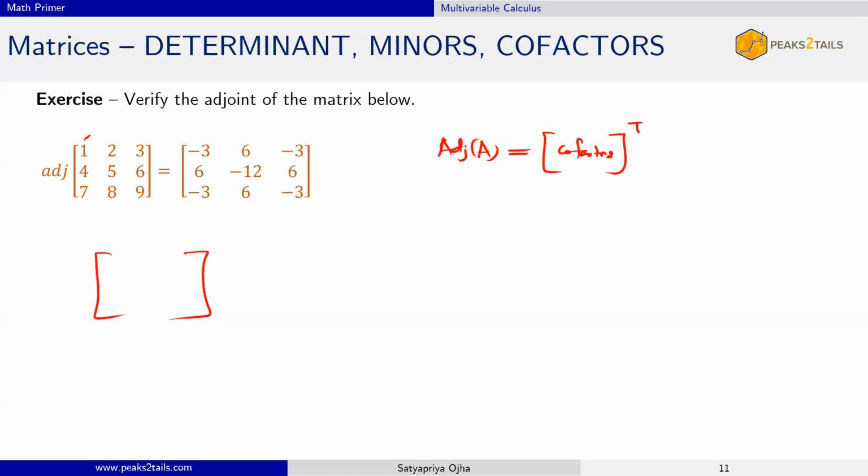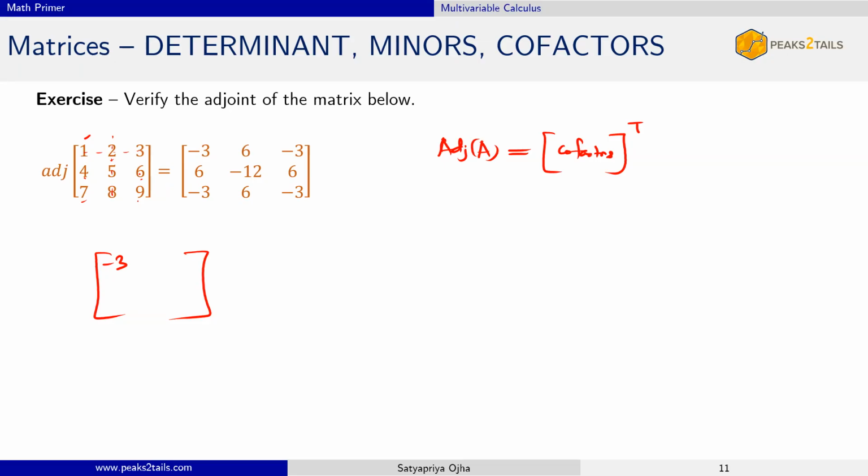45 minus 48, minus 3. But do I need to multiply by minus 1? No, the first element is 1,1. So answer is minus 3. Correct. Perfect. What is the minor of 2? 36 minus 42, I think. 9 times 4, 36 minus 7 times 6.